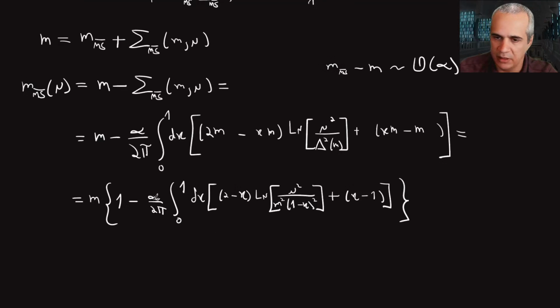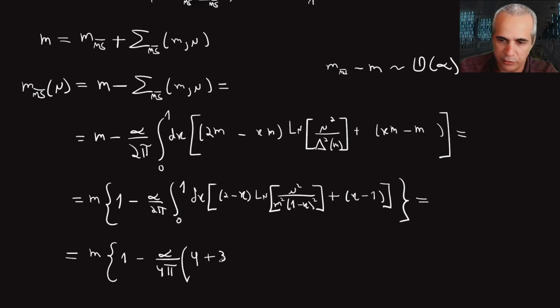There's something that takes it away from the pole, but that depends on this mu, right? This integral I can do. It's pretty easy to do that one, right? It's just m times 1 minus alpha over pi, times 4 plus 3 ln mu square over m square.